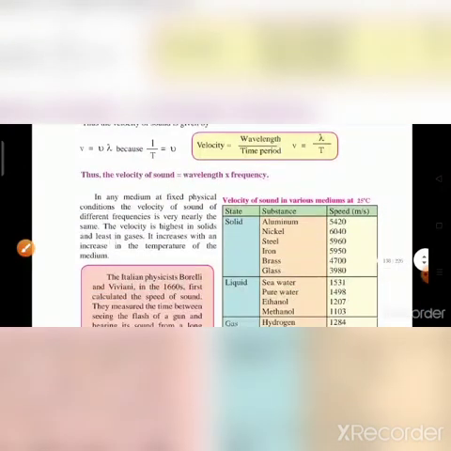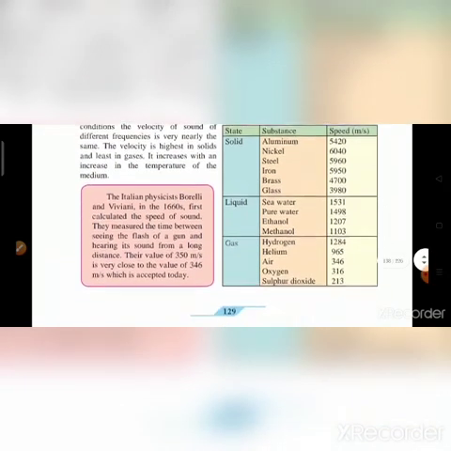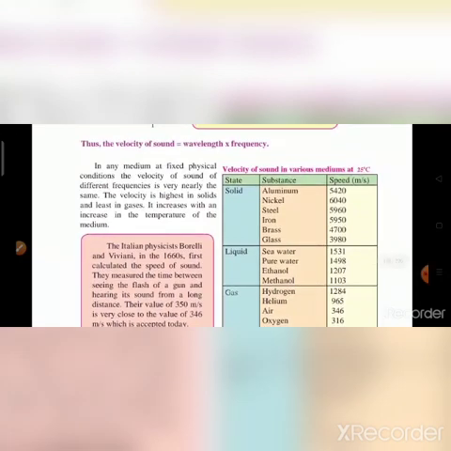The velocity of sound in various mediums at 25 degrees, that is the normal room temperature. They have compared these in the states solid, liquid, and gas. The substances used in solid are aluminium, nickel, steel, iron, brass, glass, etc. So the speed of sound varies depending upon the substance material.